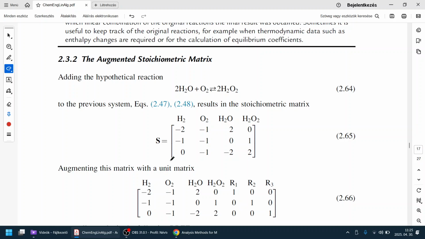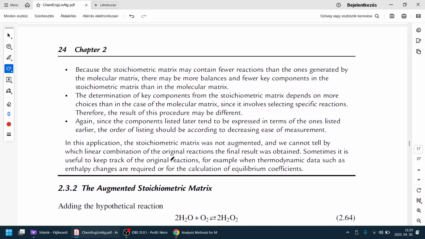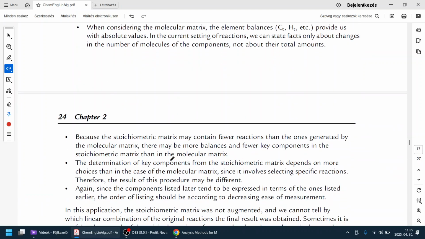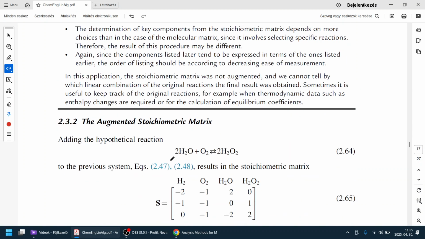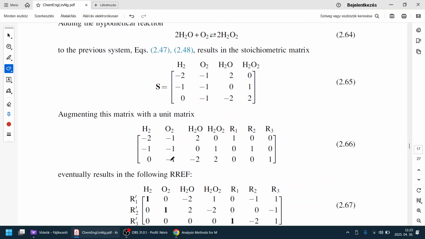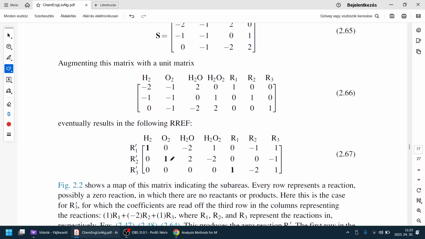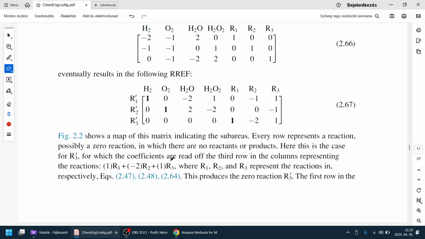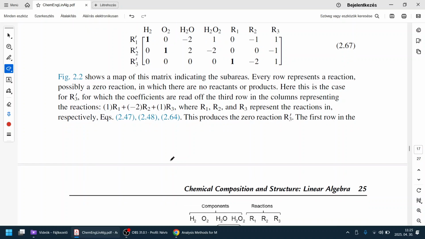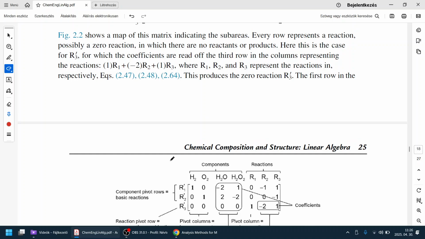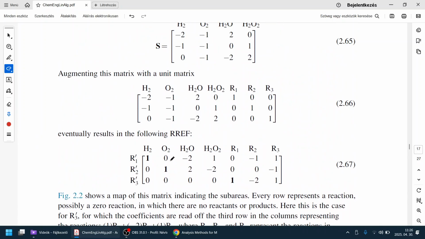What is R? That's a good question. This is what I try to figure out. Reactions. Yes, but what reactions?